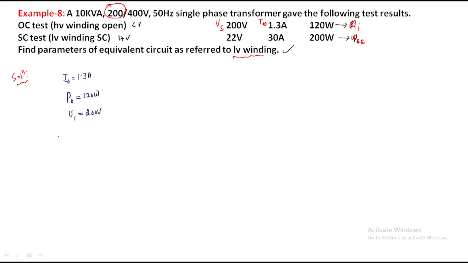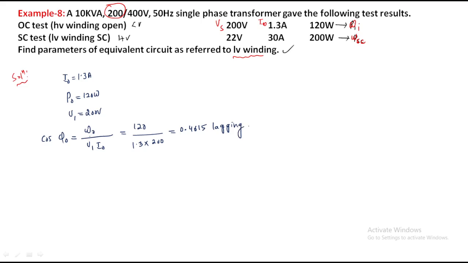And we know how to calculate cos phi naught, which is equal to no load losses by V1 into I naught, which is 120 by 1.3 into 200. What is the answer? You can get 0.4615, right? This is lagging. Clear?